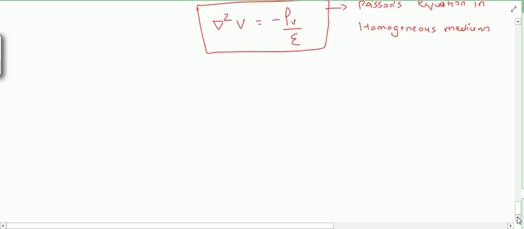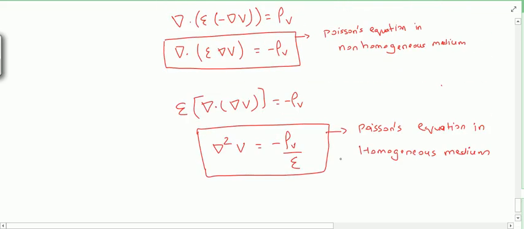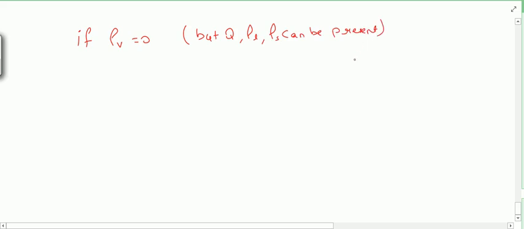Now if the volume charge density rho v is 0, that does not mean that no charge is present. There can be a point charge, a line charge or a surface charge present.